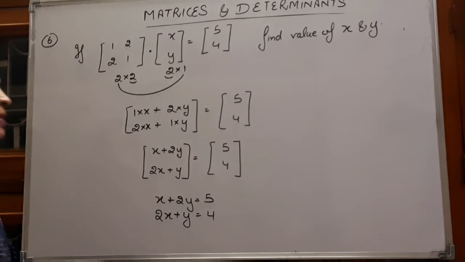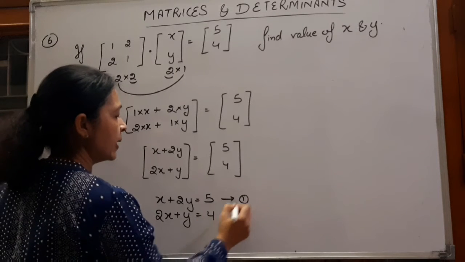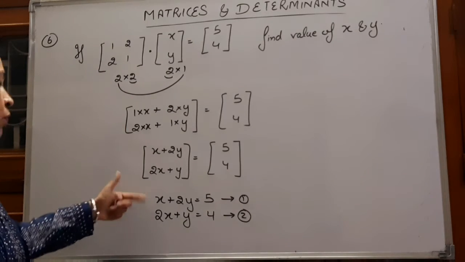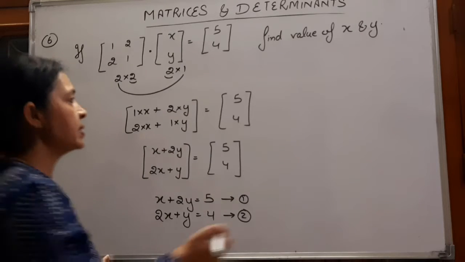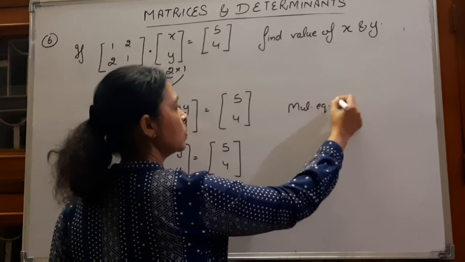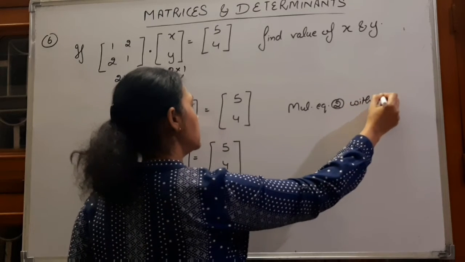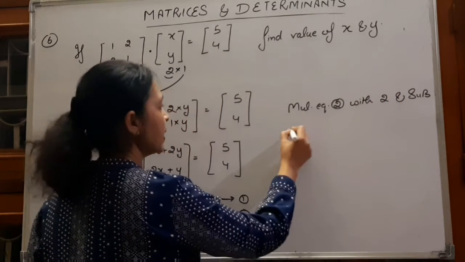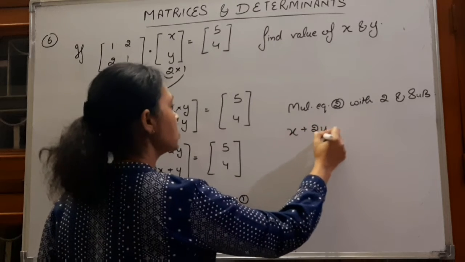We have two equations. Let this be equation 1 and equation 2. To get the value of X and Y, what will we do? We will solve these equations. Let's multiply equation 2 with 2 and subtract. Equation 1 is X plus 2Y equals 5.